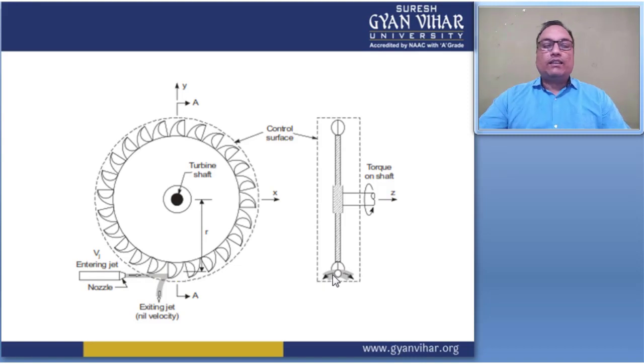One goes this side and another goes this side, and it splits into two parts and provides a force to the runner, and the runner rotates about its axis and creates a torque on the shaft. This shaft is connected to a generator, and the generator produces electricity at the same time.